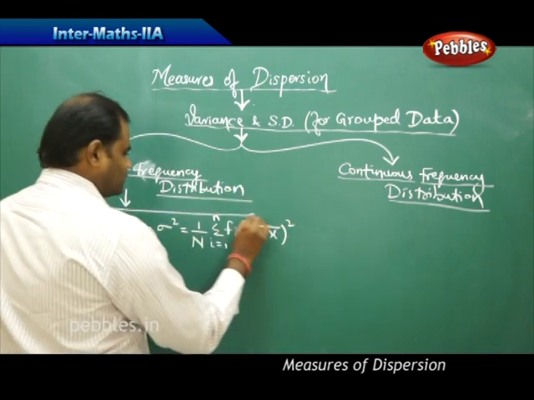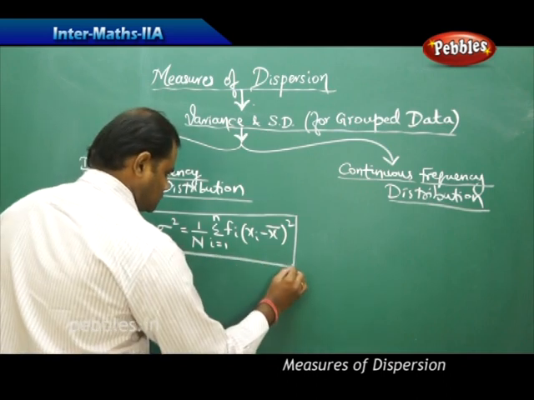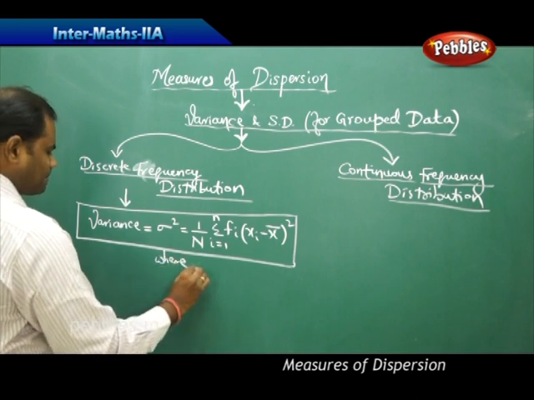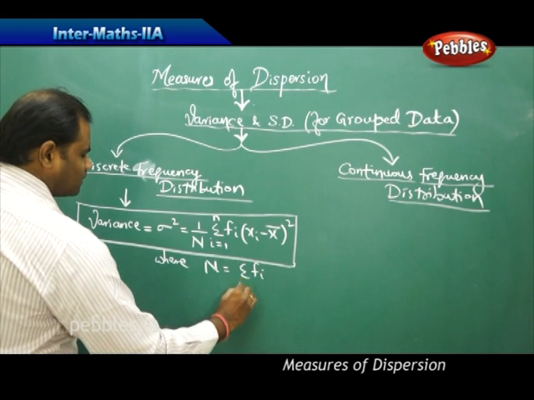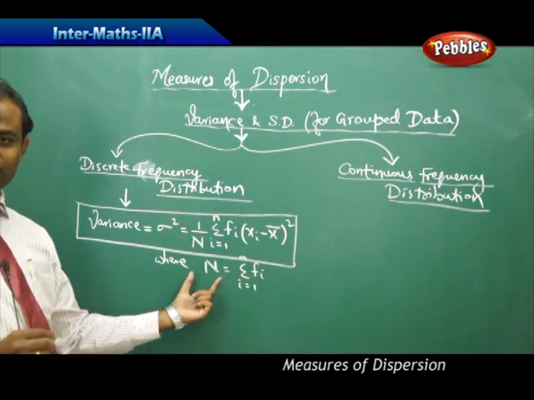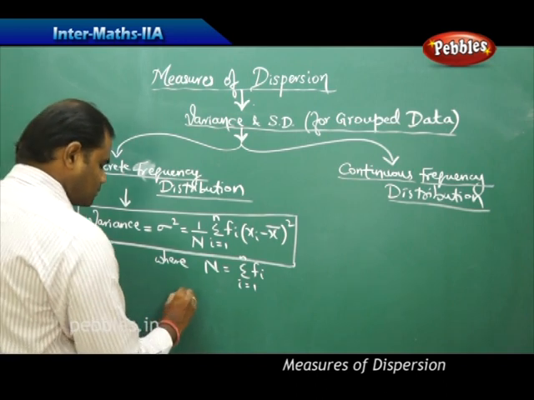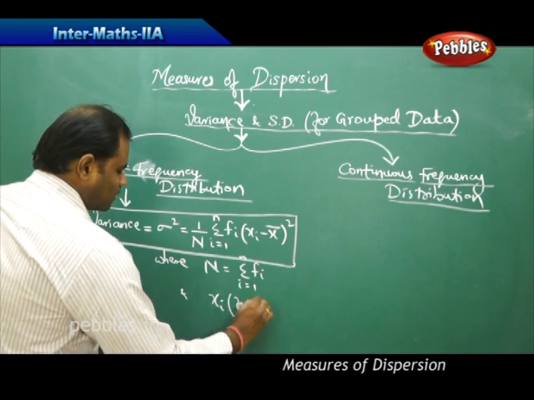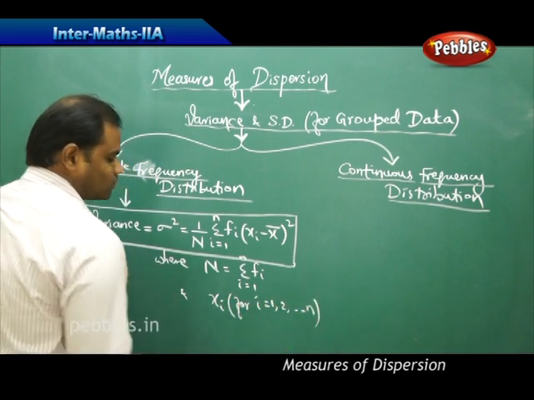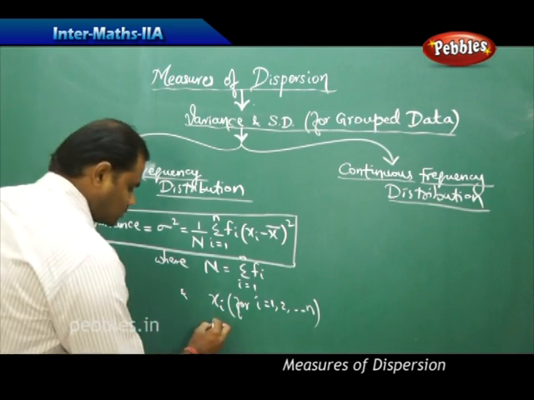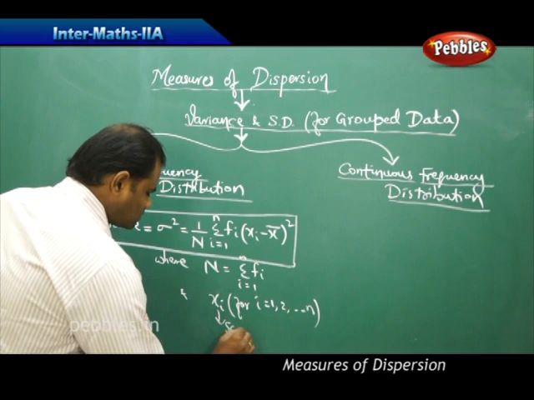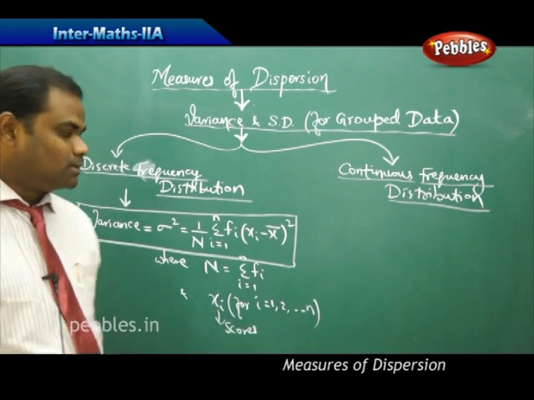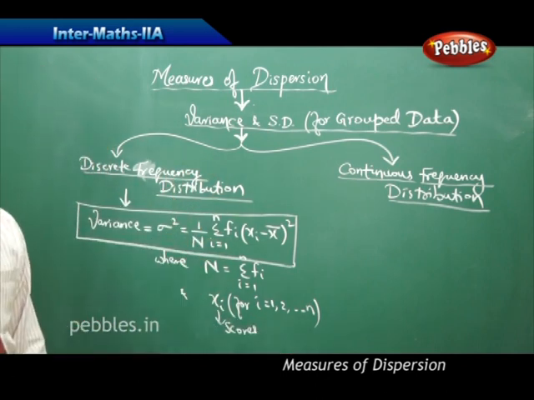Here n is sigma fi, i running from 1 to n, that is the sum of all the frequencies, denoted by capital N, and xi for i equal to 1, 2, and so on till n, are our scores, or the data, or the observations. So each xi is a given score. This is how we define it for a discrete frequency distribution.